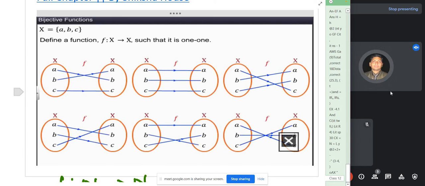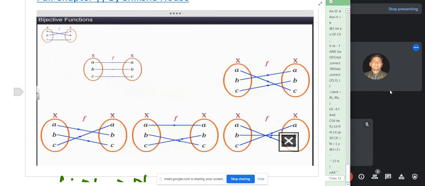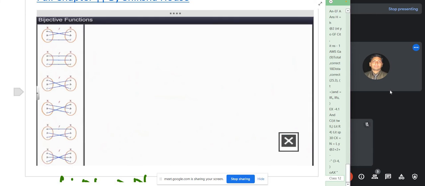Then every element of domain X has its own unique matching element in codomain X. That is, two elements from the domain of f cannot point to the same member of codomain X. So the range of function f has three elements, a, b, and c. This shows the range and the codomain of the function f are equal.